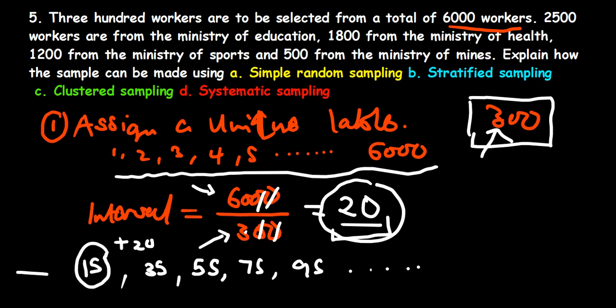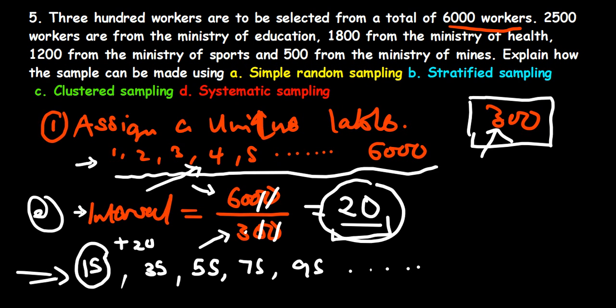So that's how we do a systematic random sampling. The first step, assign each member a unique number. Second step, find the interval by dividing the number of elements in the population by the number of elements in the sample. After you find your interval, select the first element from this population at random.